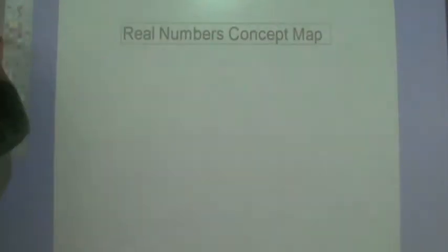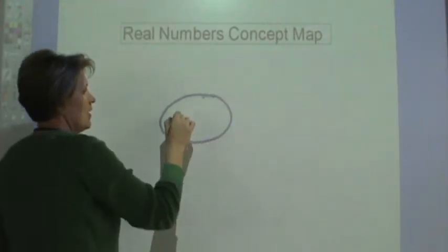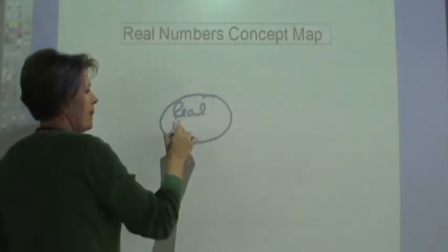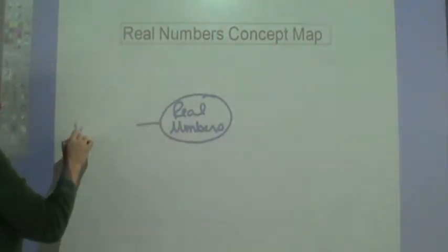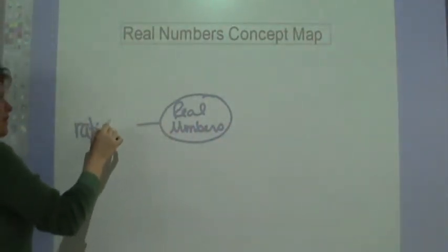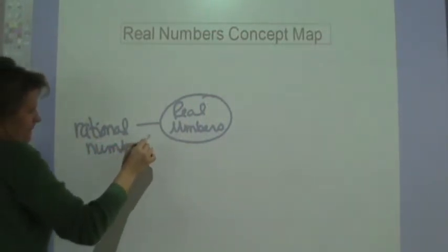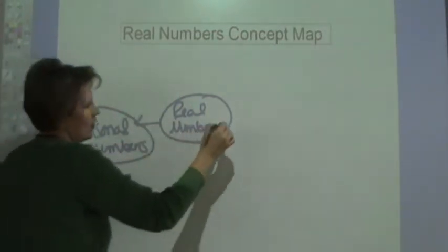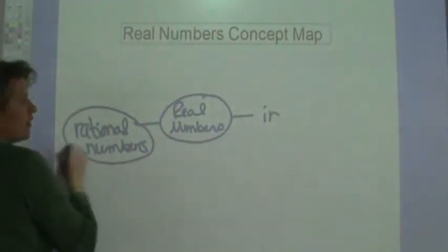All right, real numbers concept map. So real numbers, we can either have rational numbers or we can have irrational numbers.